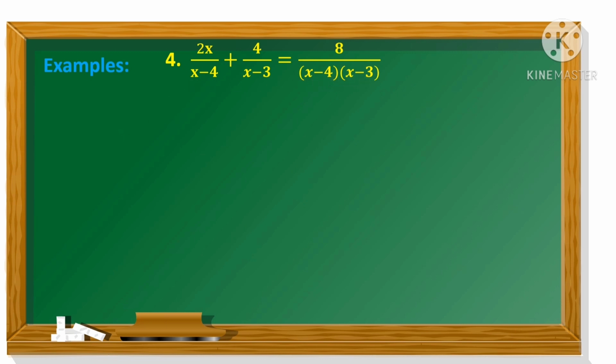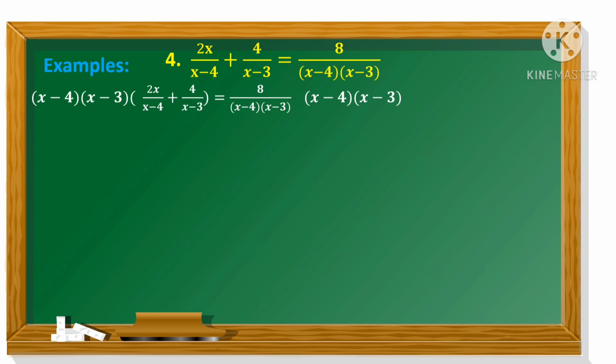Okay, so we have now this one. Okay, so we multiply both sides by x minus 4, x minus 3. So first we have to cancel x minus 4 and x minus 3 in the left side, in the right side.